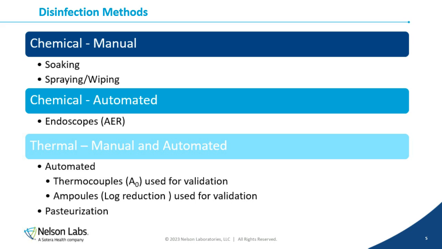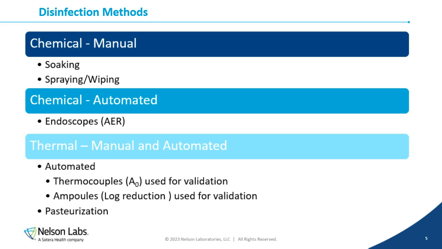The other method is thermal, which again, you have manual and automated thermal disinfections. And for automated, those thermal disinfections would be done in a typical washer disinfector that you might find in a hospital. And then a manual thermal disinfection would be something like pasteurization or boiling water.